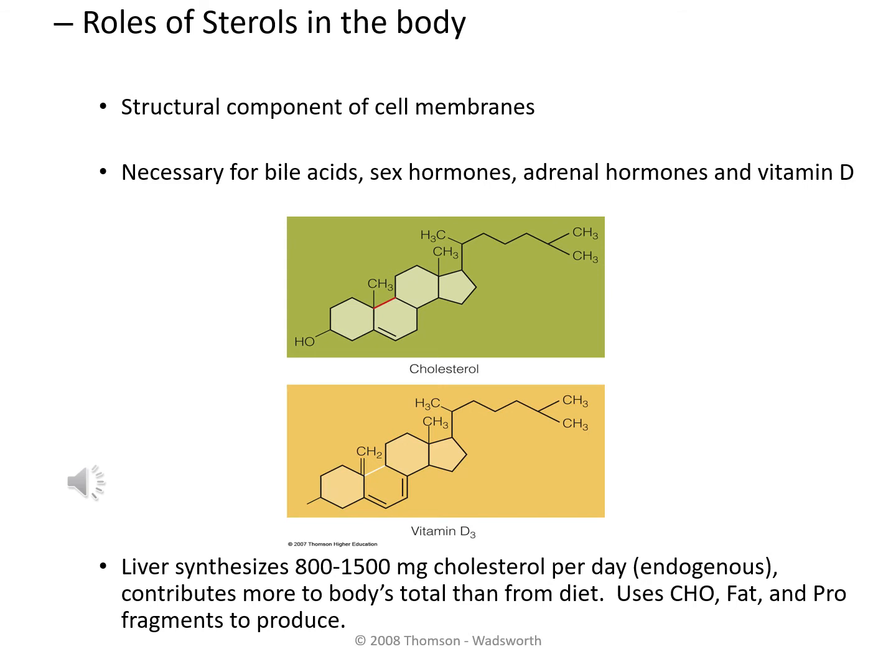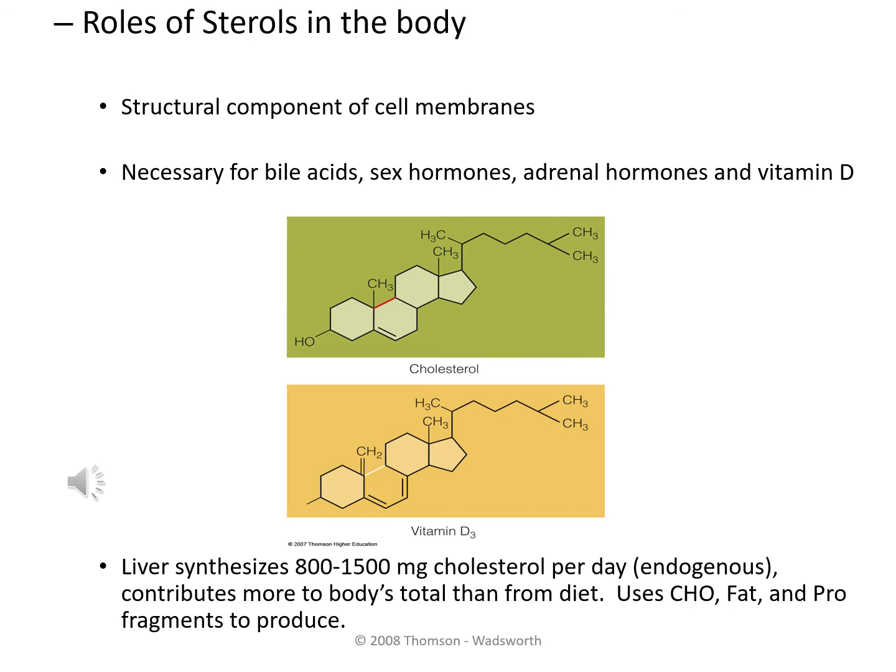If you look at the comparison of the chemical makeup of cholesterol versus vitamin D, you'll see that they are almost identical. The only difference is that cholesterol has a closed ring, which is highlighted in red in the molecule itself, whereas vitamin D's is open in that same place. That's what allows it to account for its vitamin activity.